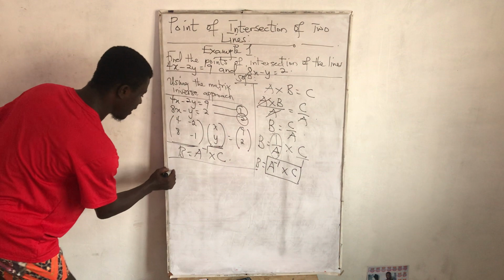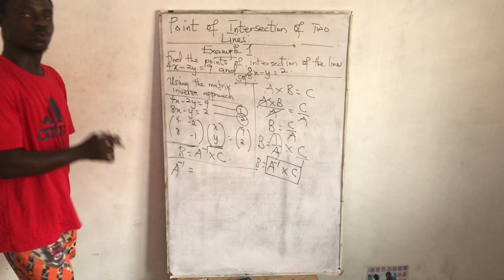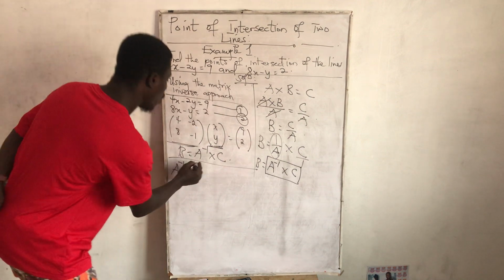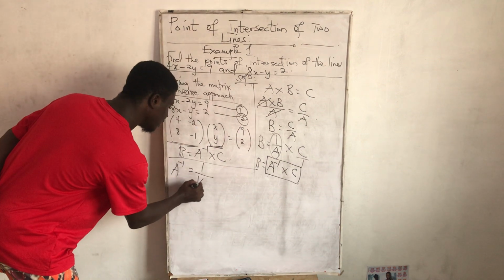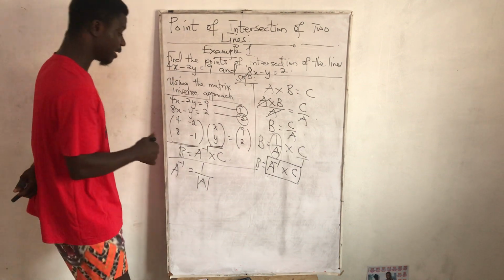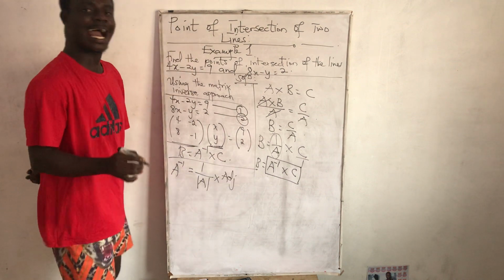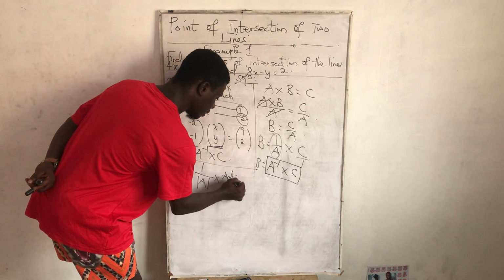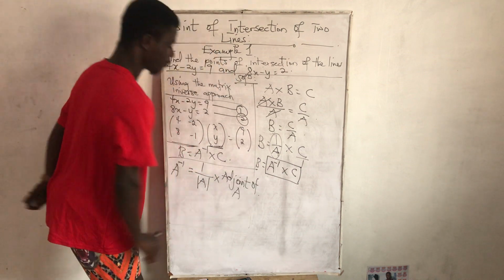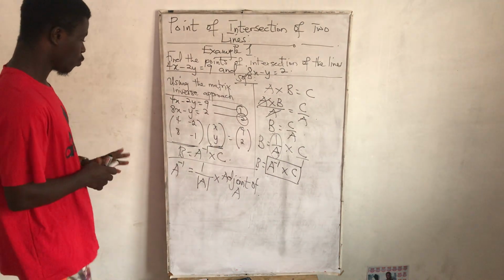We know that A inverse, or A to the power -1, if you want to find the matrix inverse, is 1 over the determinant of A, times the adjoint of A. So we'll do that.